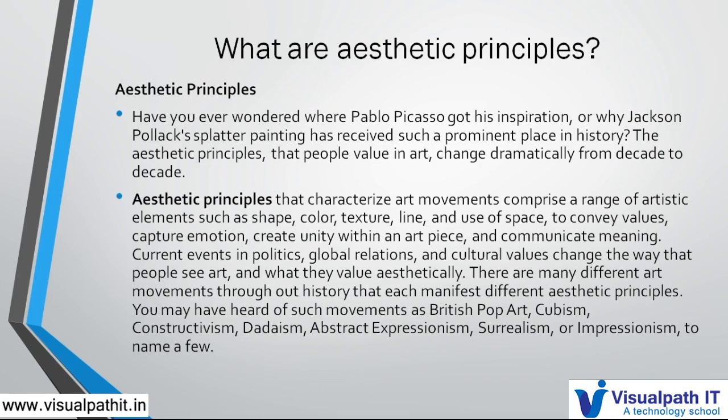There are many different art movements throughout history that each manifest different aesthetic principles. You may have heard of movements such as British pop art. These are just a few names.